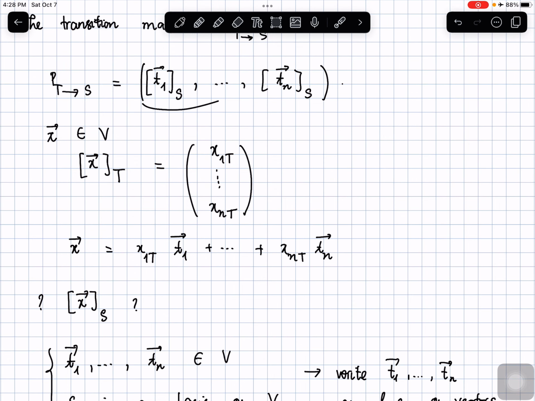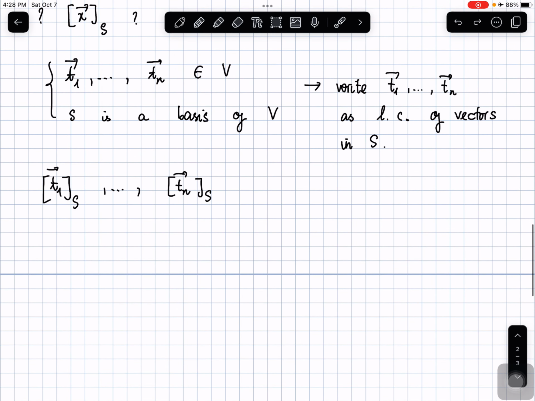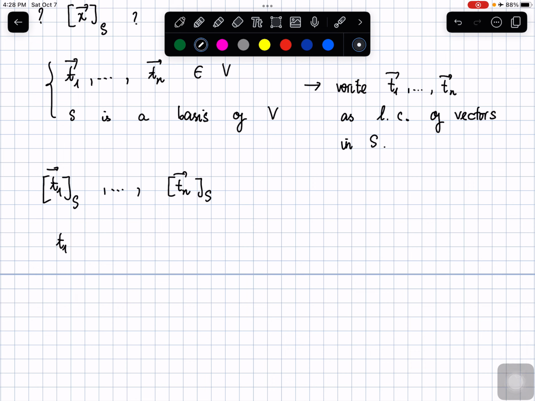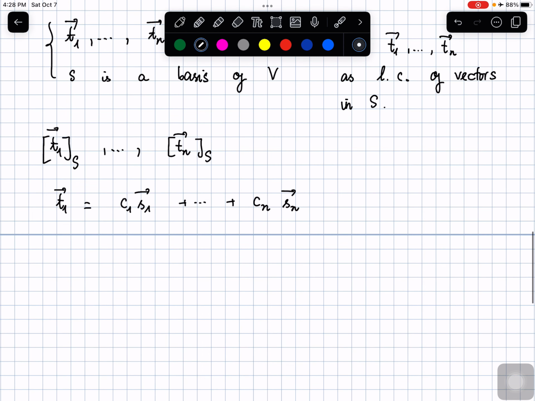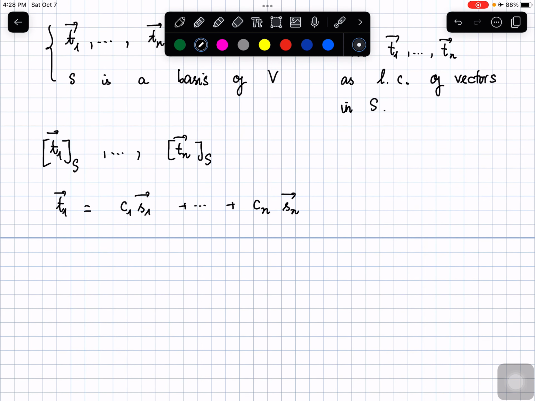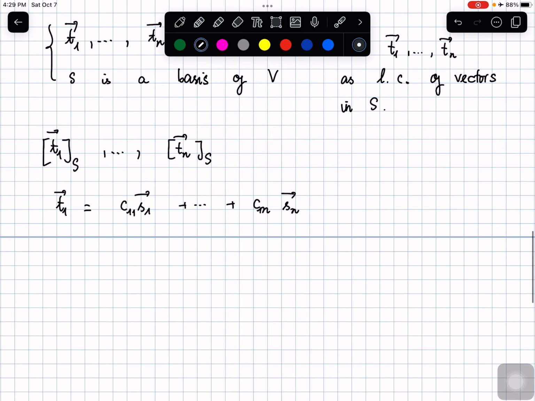Okay, so T1, say, is C1 S1 plus up to Cn Sn. Let's say T1 equals C11 S1 plus up to C1n Sn, and Tn equals Cn1 S1 plus up to Cnn Sn.